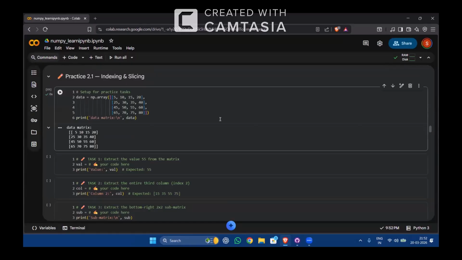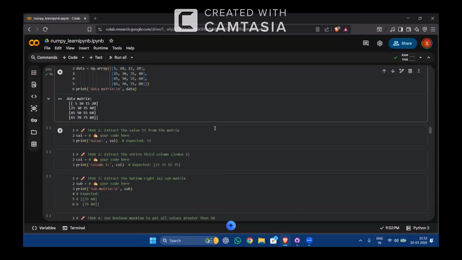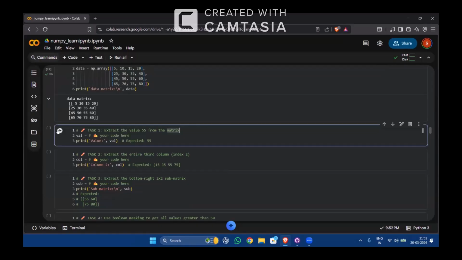What should I write in that code? Val is equal to... Can anyone help Amrita to complete it?